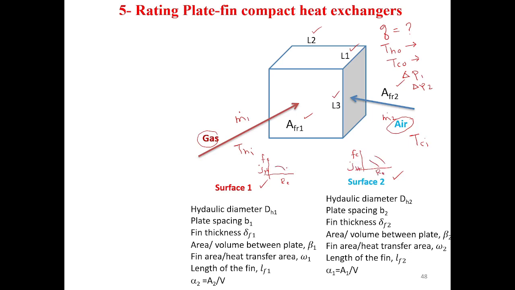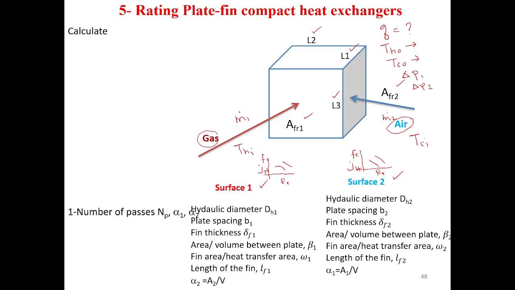So you know everything about surface 1 and surface 2. Our objective now is just to rate this heat exchanger. Rating means that we tell how much heat is transferred, and how much is the outlet temperature for side 1 and side 2, in addition to the pressure drop.